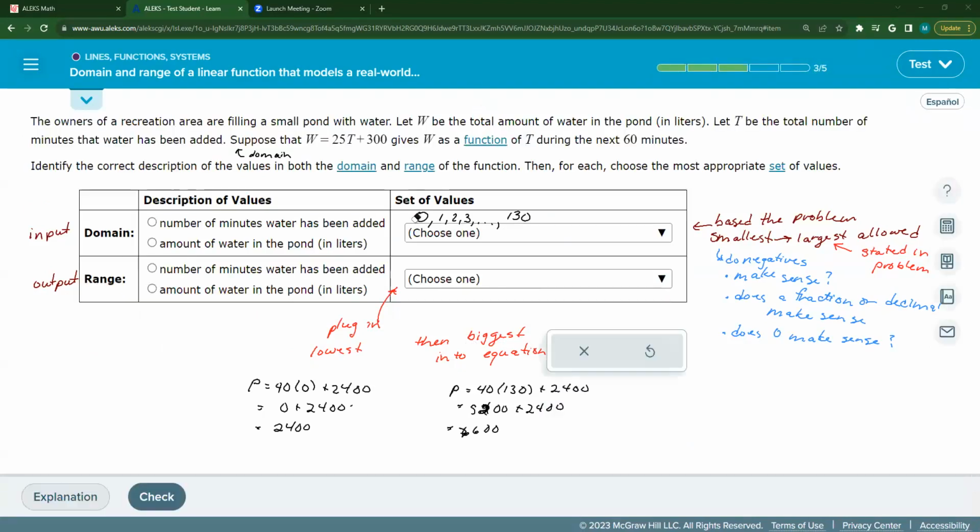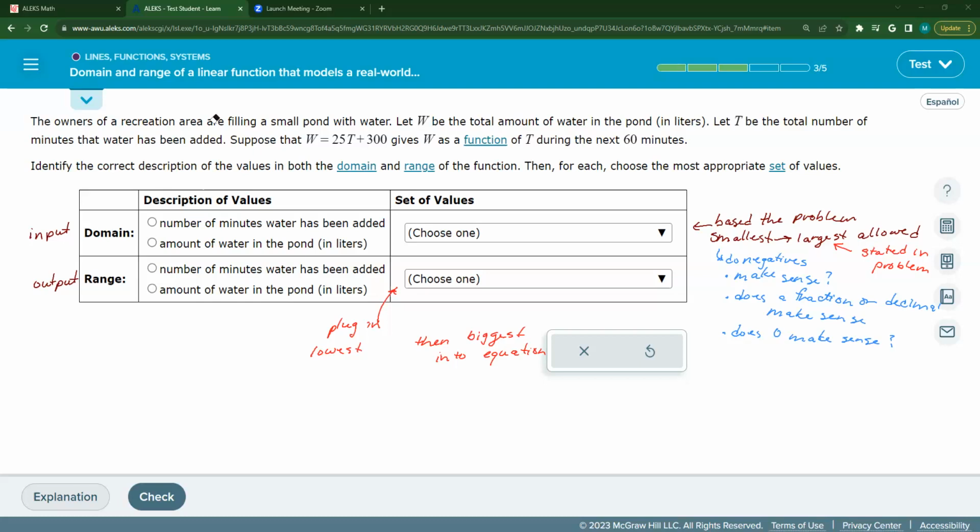Let us erase our basic stuff. Looking at it, we've gotten the ones where you have to list the numbers and the ones that are all the numbers in between. So this one, we have the owners of our recreational area are filling a small pond with water. Let W be the total amount of water in the pond in liters.